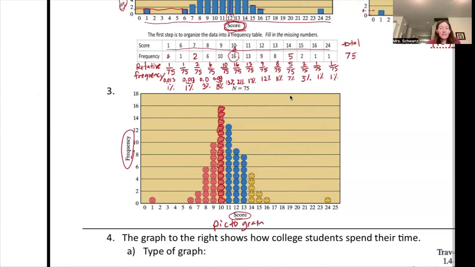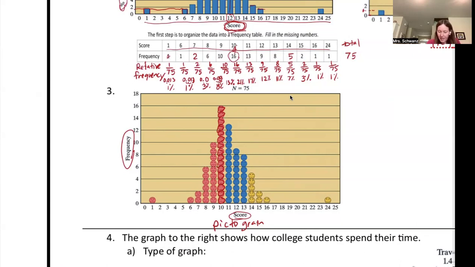Like I said, it's very similar to the frequency bar graph, but you use pictures instead of bars. People like this method because it's easy to do a tally at the same time as drawing your pictogram. Let's say there were 10 more people who took the test.